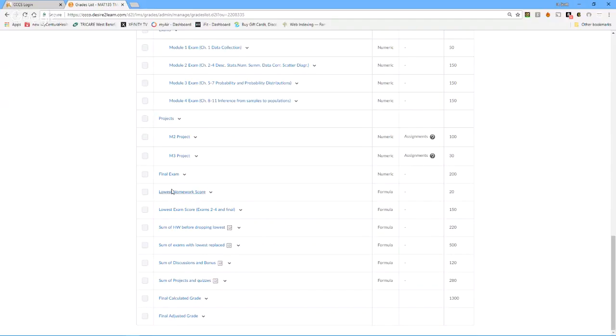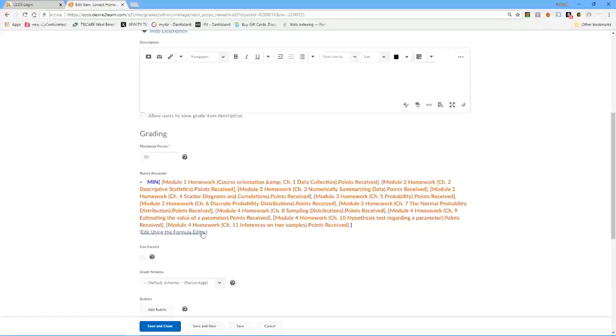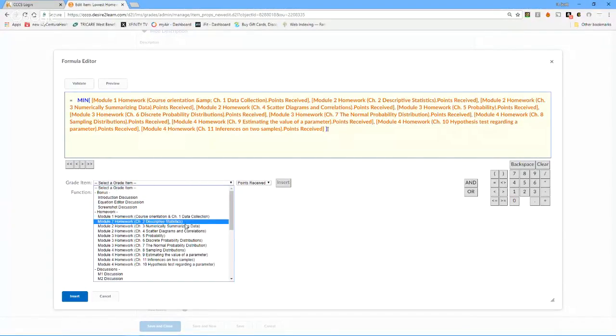I made a formula to calculate the lowest homework score. To do that, I went in and used the formula editor and typed in the function minimum, then you hit start, and then you list all the homework scores. One reason I put the categories in here was to make the formula easier.